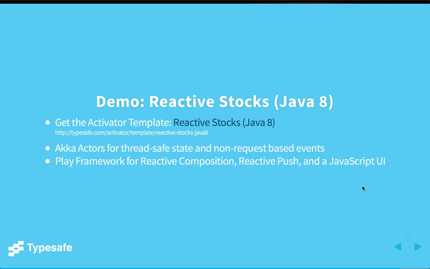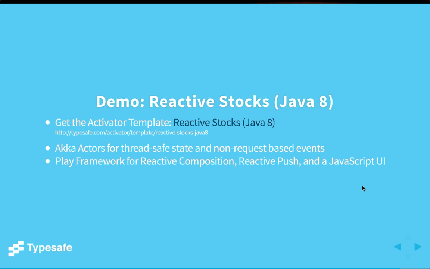So tying back to the things that Ryan talked about, this is a small demo of a reactive stocks application using the Java 8 stuff. And it's an Activator template. I don't know if you know Activator, otherwise you should, because there are a lot of small interesting templates there that can get you going really fast.